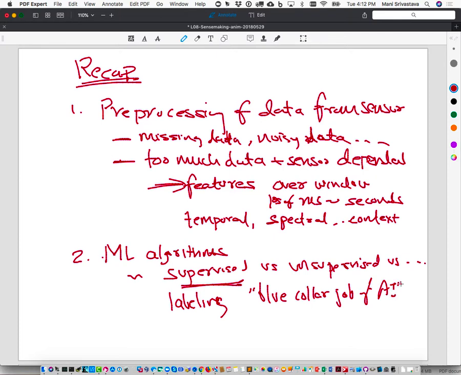Getting high quality labeled data is often extremely hard, extremely intrusive. So you approach the problem as: can I design a system where either the labels don't need to be provided, or the burden is a lot less.